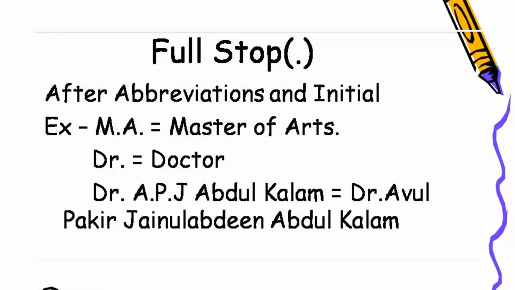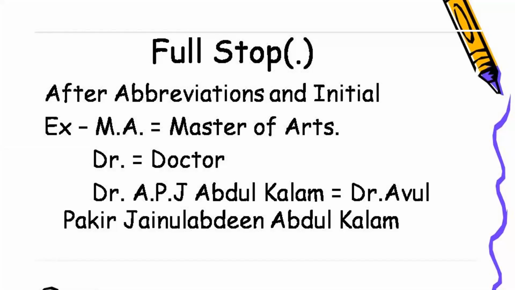UNO, United Nations Organization, is an abbreviated form, but we have done away with the full stops in those cases. MBBS also, previously we used to write M.B.B.S. Now we have done away with it, and we can write it as MBBS without full stops.